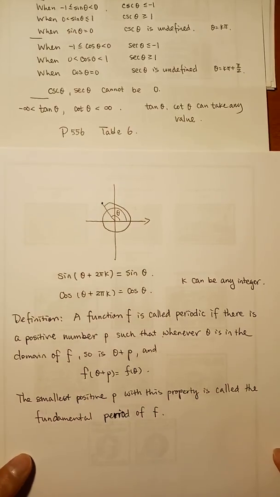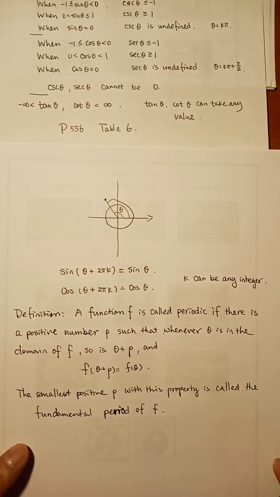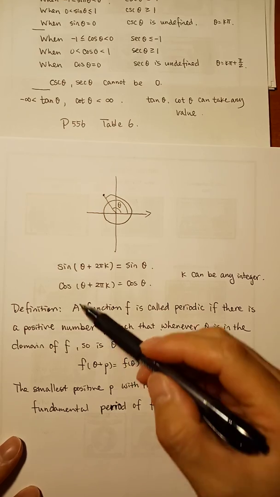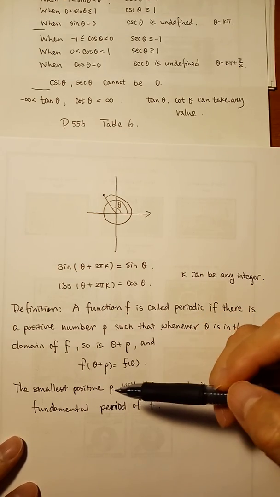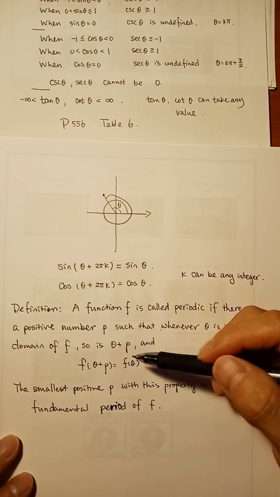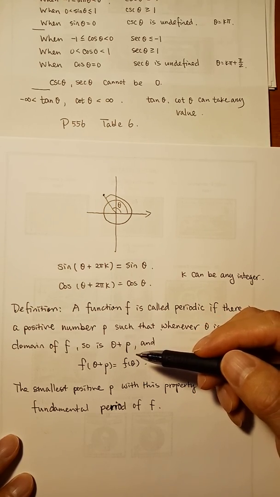From the computation, we can see that for sine and cosine, one complete revolution gives us the period, and that's the smallest positive number with the property.